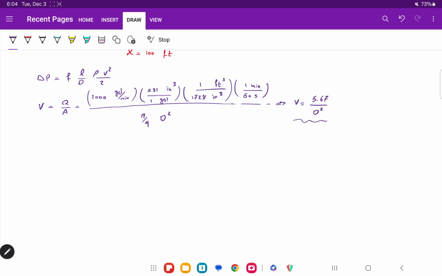If you remember, we need to find some expressions. Okay, now we have velocity. Let's put it in the star equation.